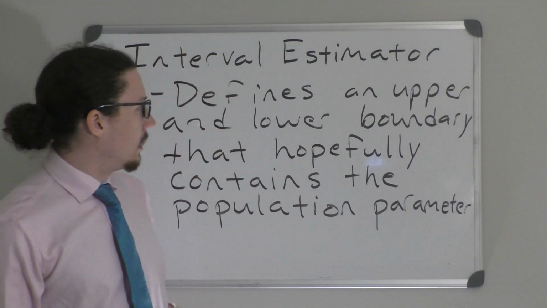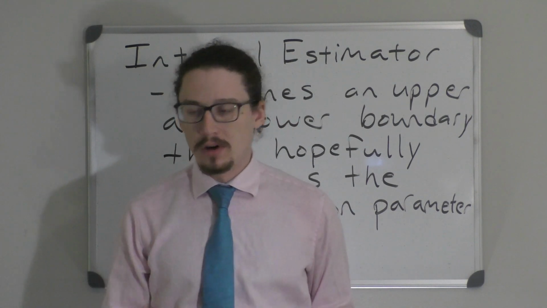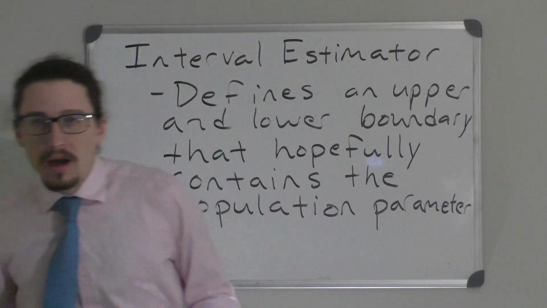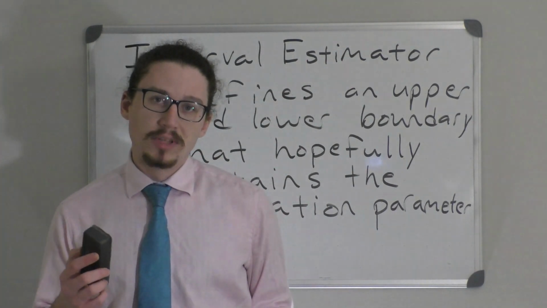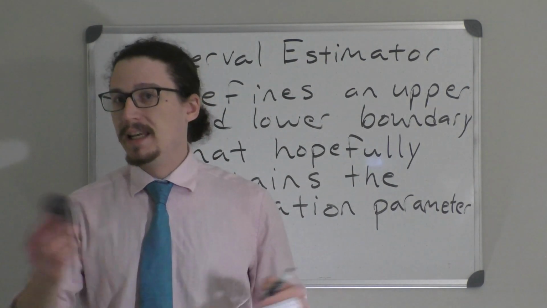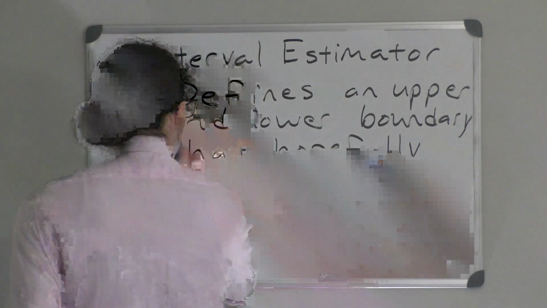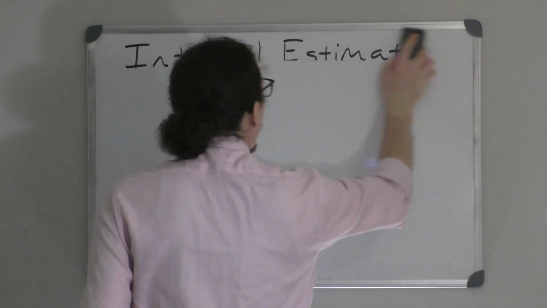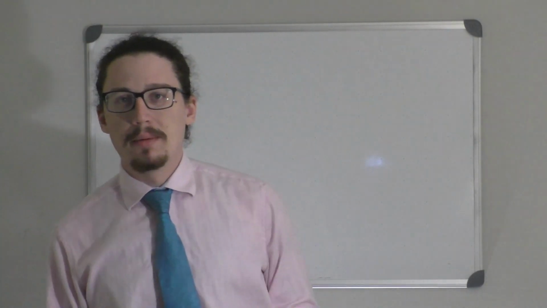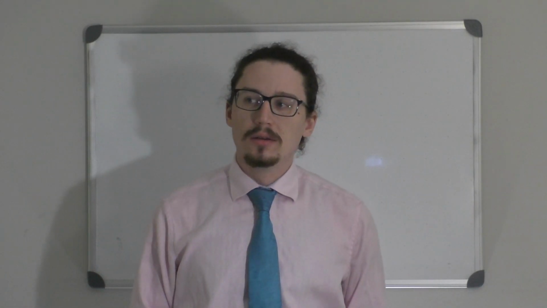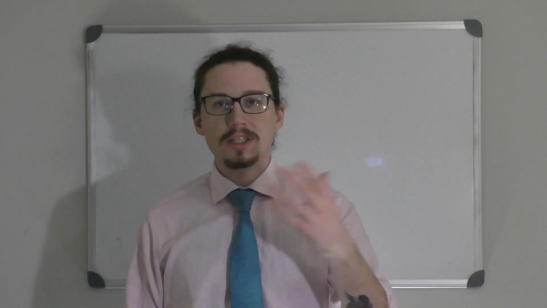So speaking of hoping that our population parameter falls into our interval, it's really easy to create an interval that contains any population parameter. So any population parameter we're looking for, we can create an interval that will contain it.